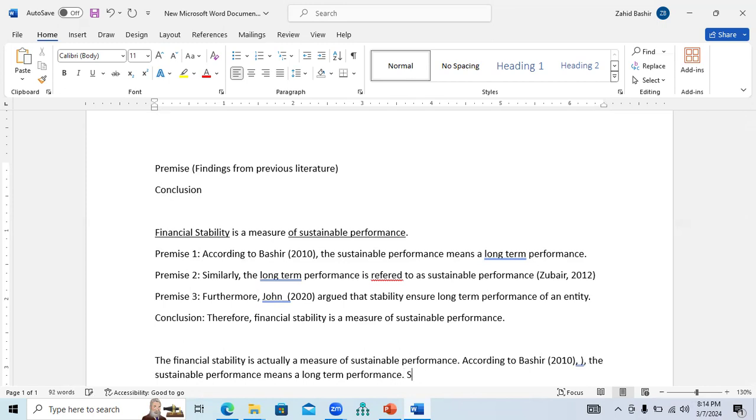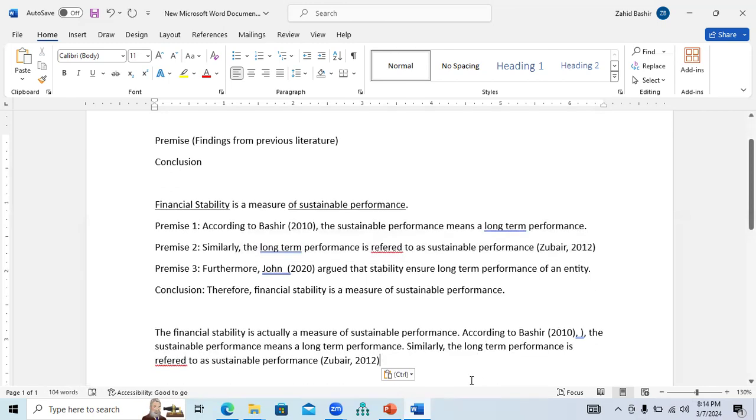Similarly, I can copy this here like this. Similarly, I can copy. So how many premises are required to ensure your argument buildup?